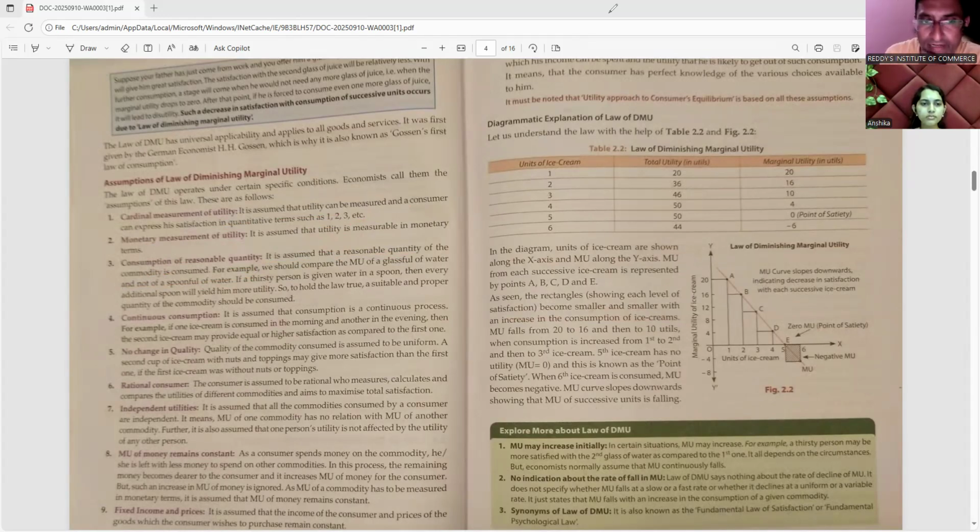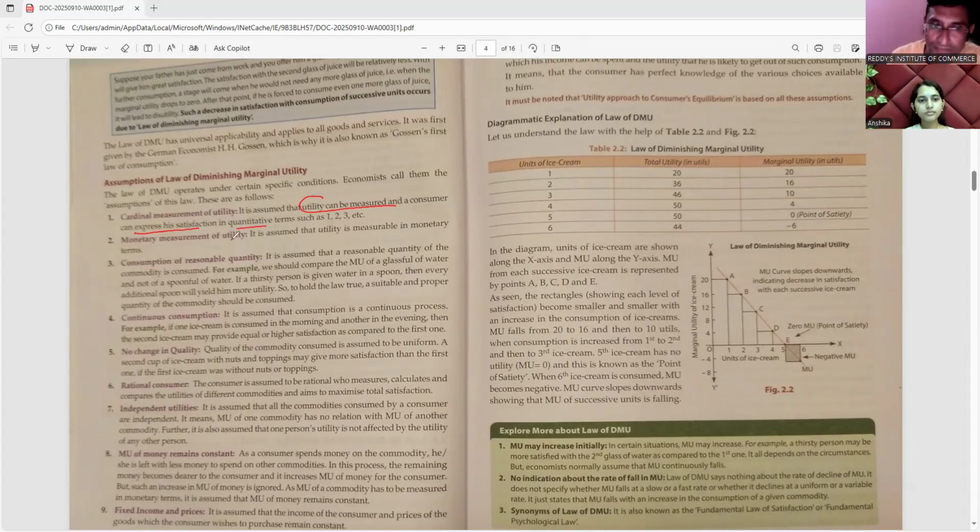It is assumed that utility can be measured and the consumer can express his satisfaction in quantitative terms such as 1, 2, 3, 4, 5, 6. As I told you already, we can measure our satisfaction level by giving numbers out of 5, 10, 20, whatever you would like. It is not mandatory that only 5 or only 10 is applicable.